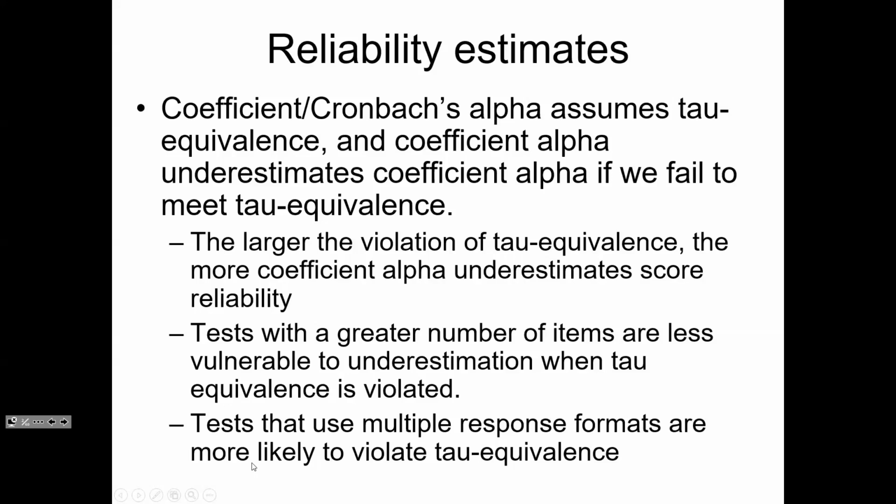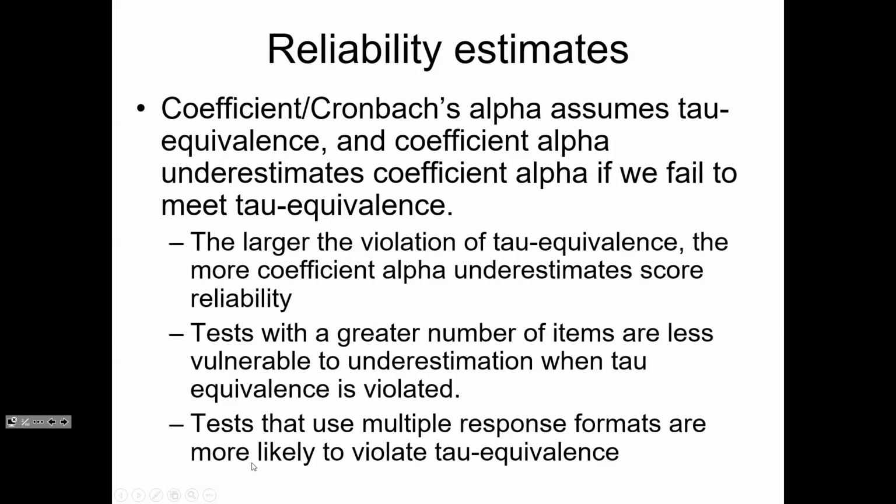Well, it's really two things that drive coefficient alpha: the average inter-item correlation and the number of items. Alpha increases as the number of items increases, and it also increases as the average inter-item correlation increases.